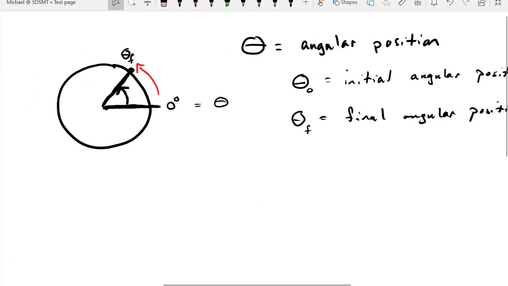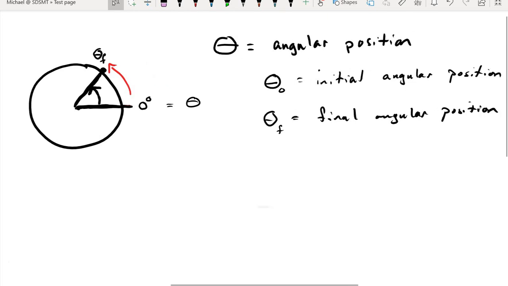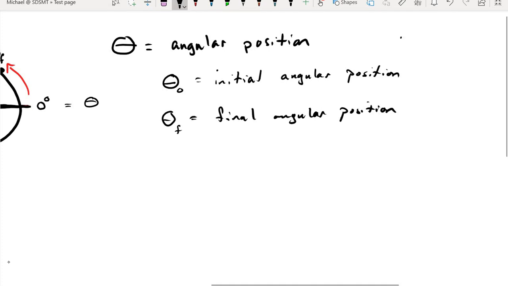Except we're not going to use degrees anymore, unfortunately. In order to get this stuff to work out properly, we have to use radians for the value of our angles, and I'm going to explain in just a moment why that has to be.